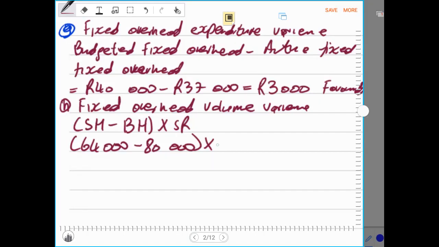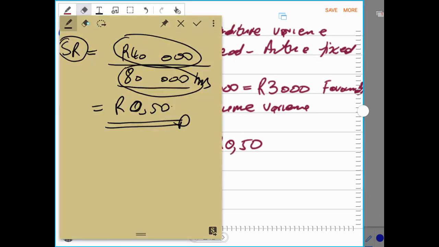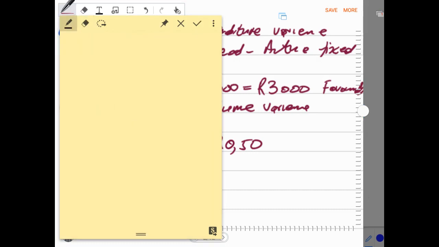Now we have to multiply this by the 50 cents. This calculation is very crucial because you might not be given this. Remember, in this case we are simply calculating the POR, and we know that POR is budgeted fixed overhead divided by the budgeted base.